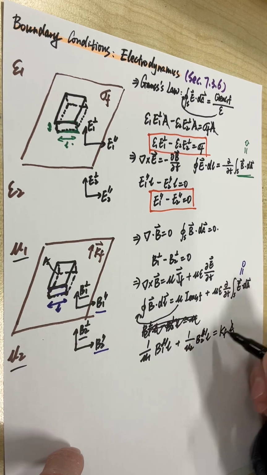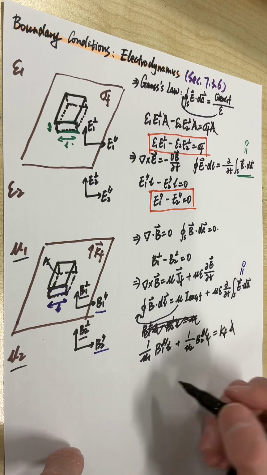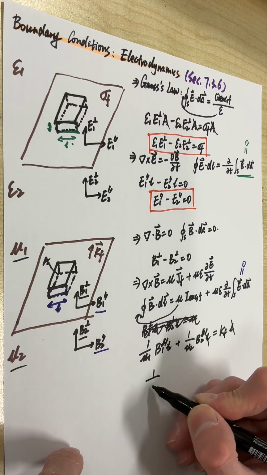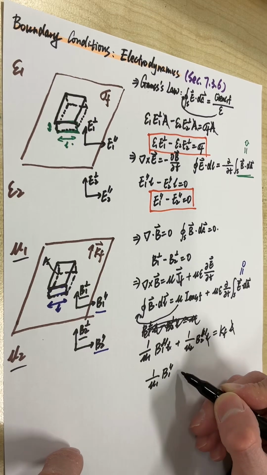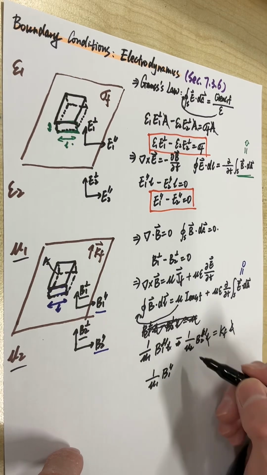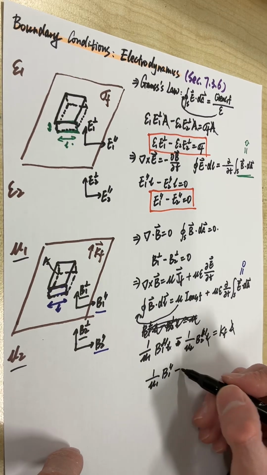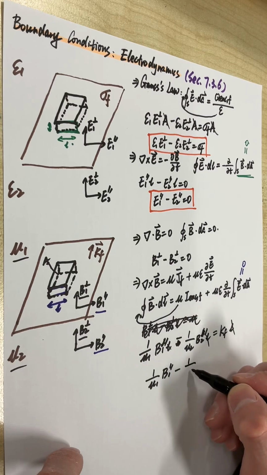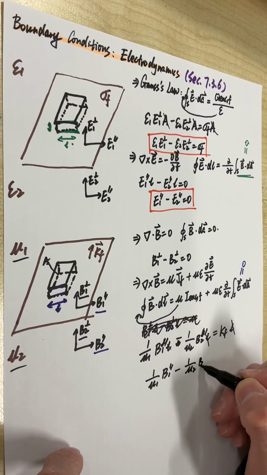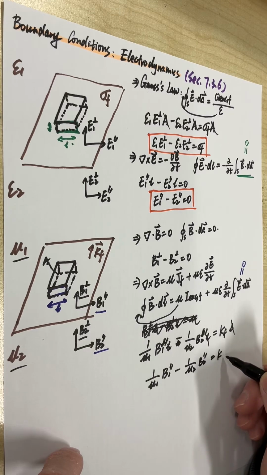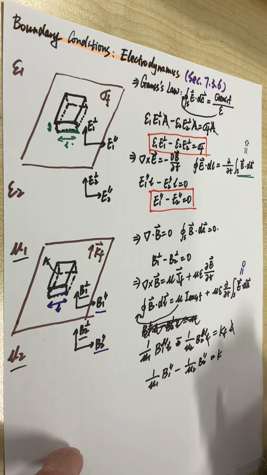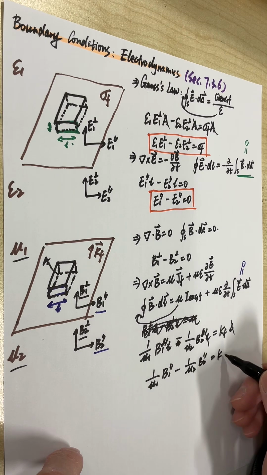So L, you can delete all of them. So you have 1 divided by mu1 B1 parallel component, oh sorry, this is minus, minus 1 over mu2 B2 parallel component. This equals the density. Let me check. Yes, the density.